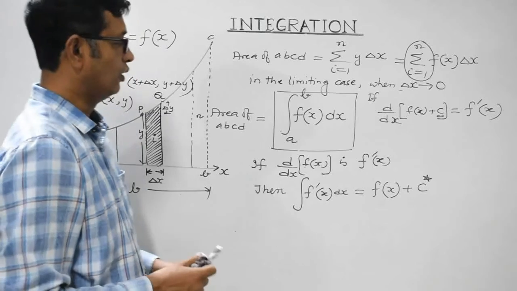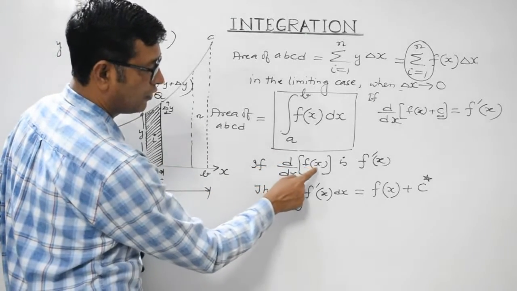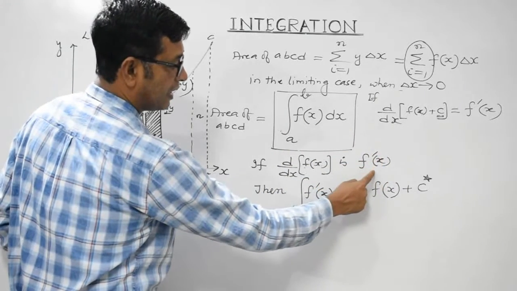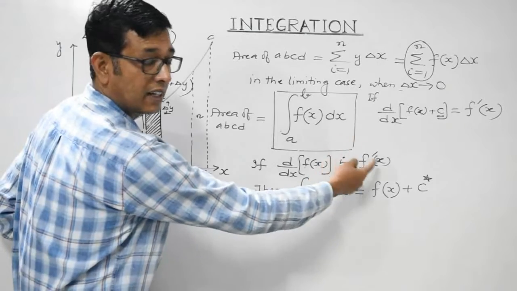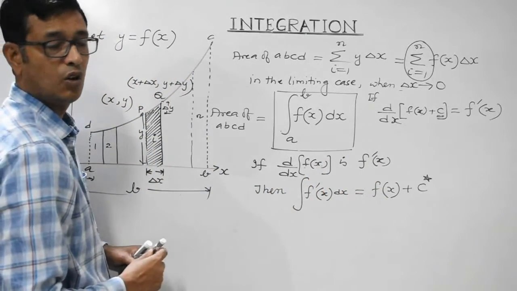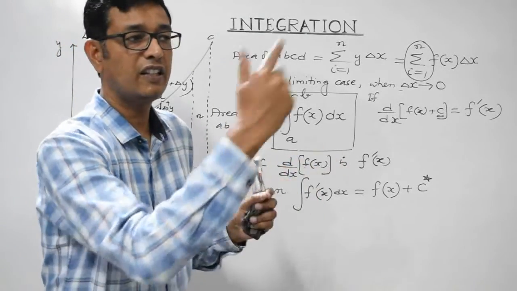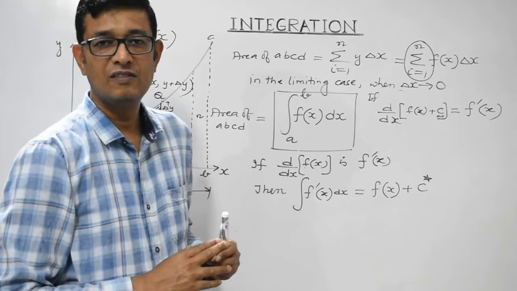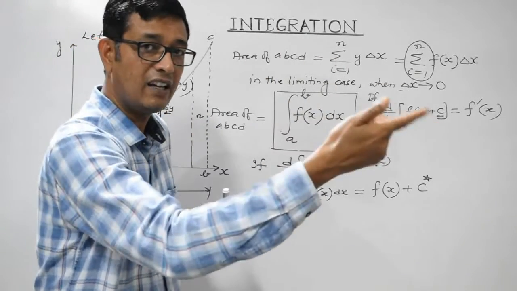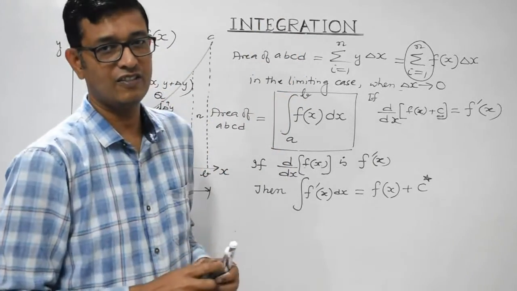So students, again I repeat, if the derivative of a function is given, then from that derivative the function can be obtained by using integration. Or in simple language, if the differentiation of a is b, then the integration of b is a. If the differentiation of m is n, then the integration of n would be m, obviously plus the constant of integration.